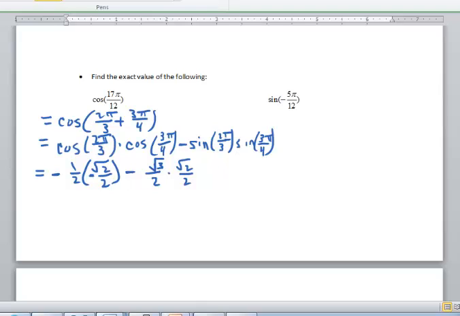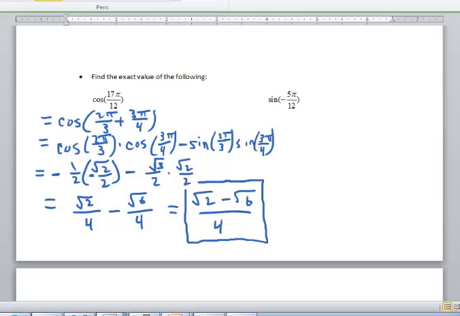So this is a negative times a negative, so it becomes positive radical 2 over 4, and this is a negative times a positive, so it's negative radical 6 over 4. You can then combine this into a single fraction and write it as radical 2 minus radical 6 over 4.